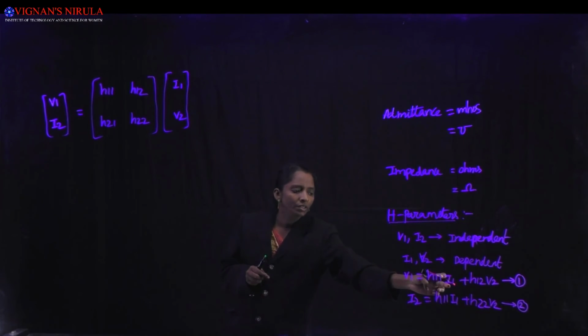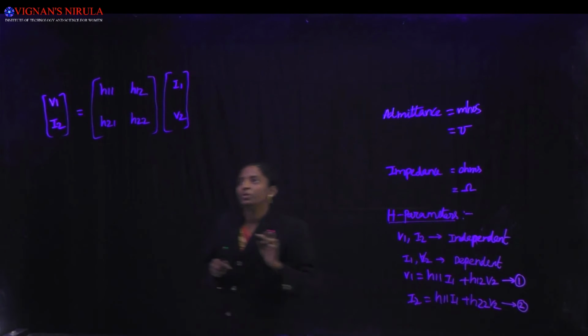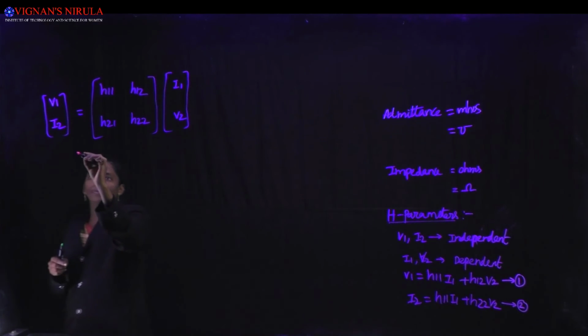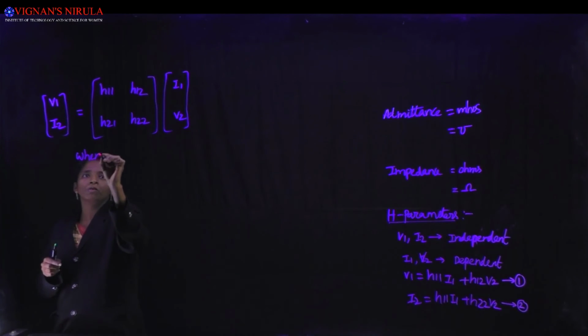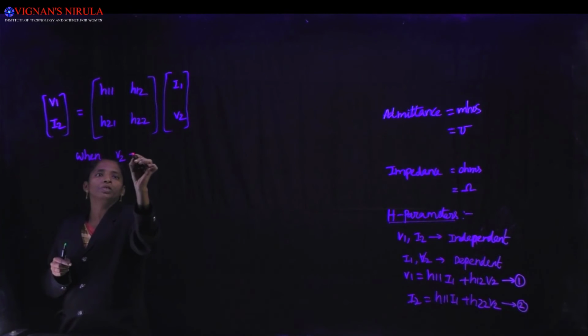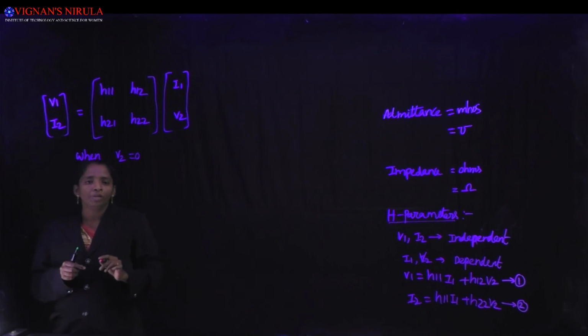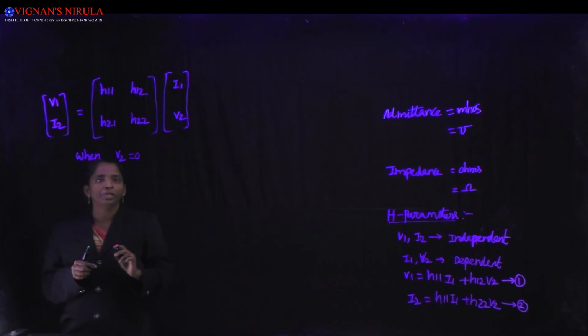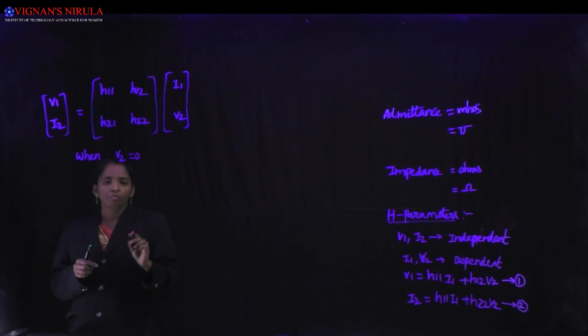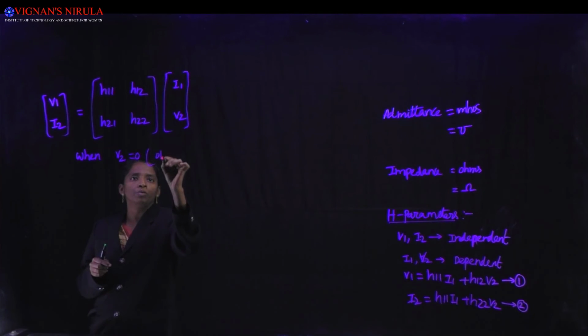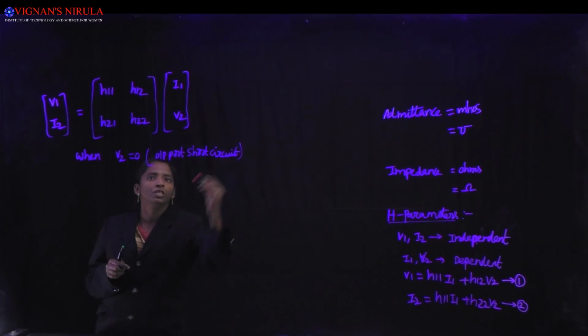So to get the H11 value, V2 should be 0. How can you keep V2 equal to 0? The output port should be short circuit. Okay? Output port short circuit.